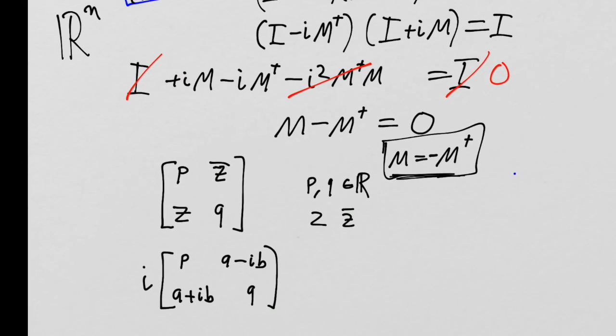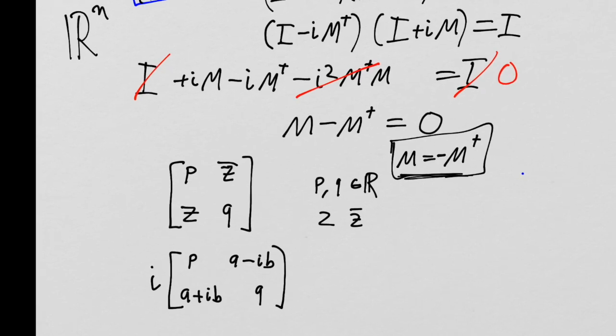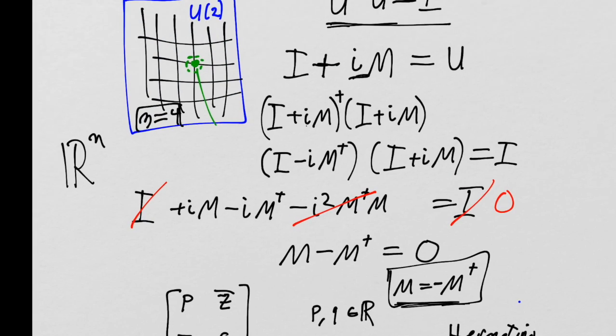which, by the way, is how mathematicians do it. So this is anti-Hermitian. M equals M adjoint is called Hermitian, and that's the one physicists like. That's why physicists have the i here.